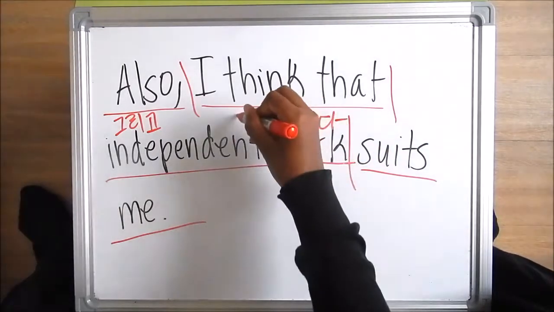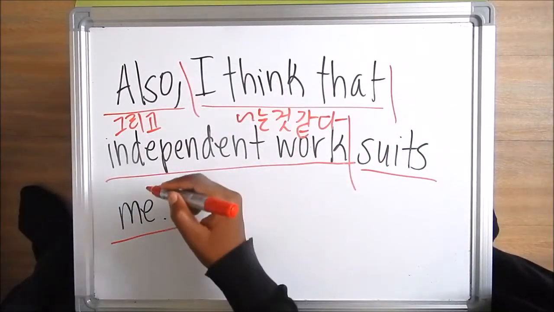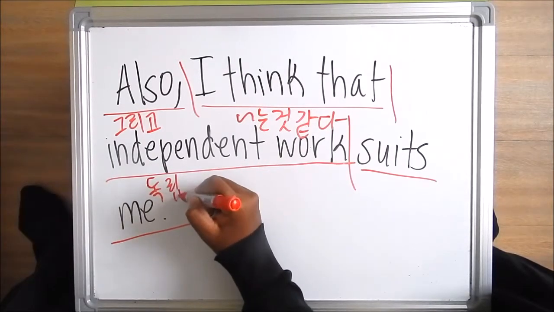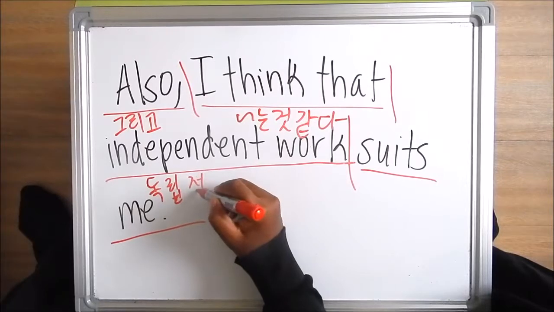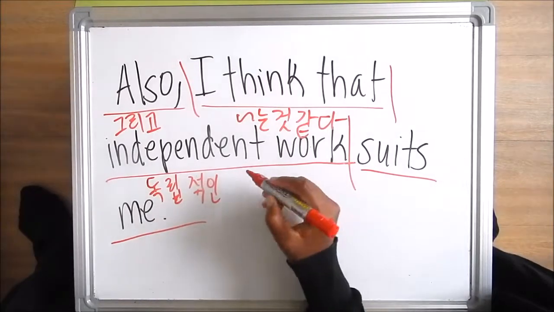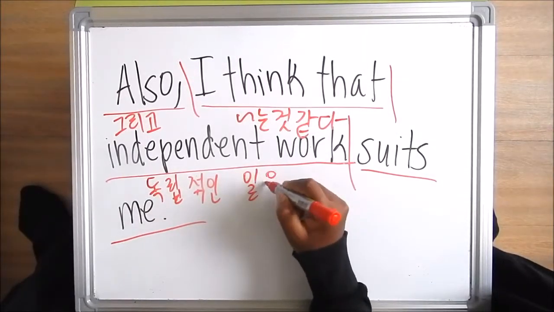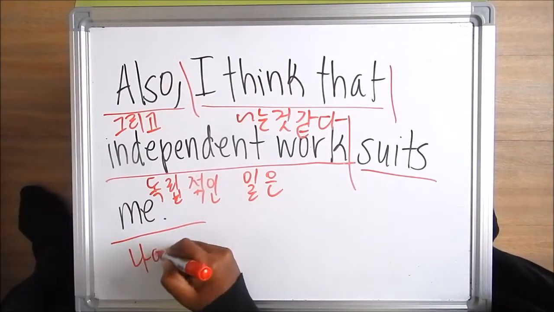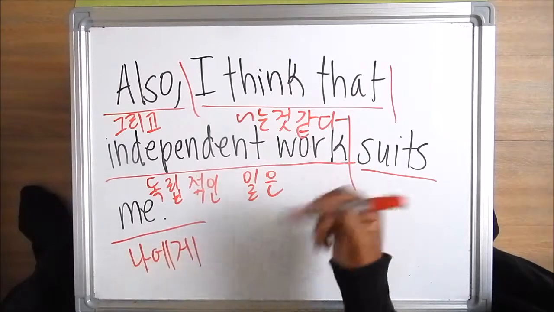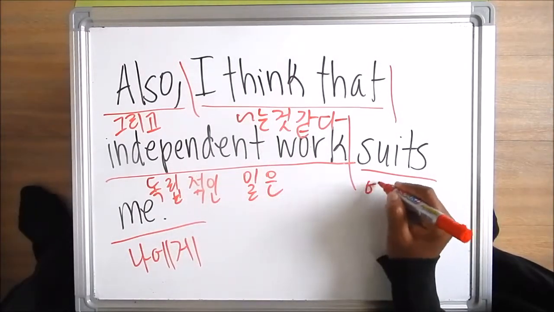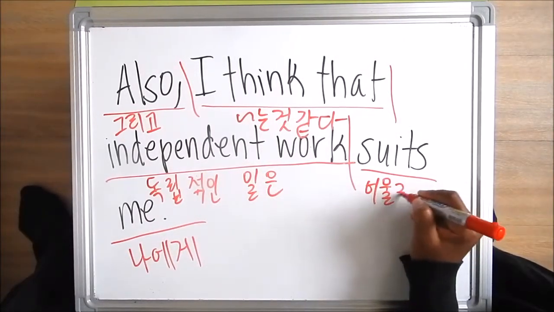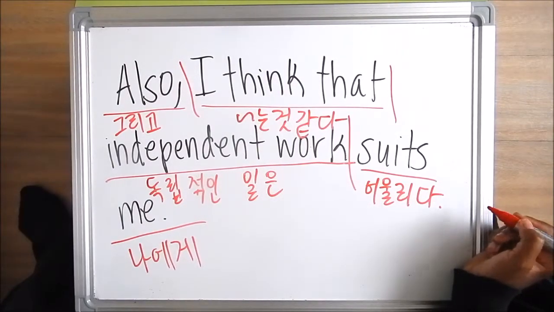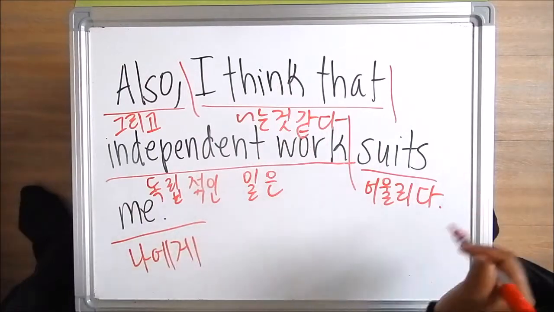I think that independent work, so independent is 독림 초긴. Work is what? 은 is the marker for the subject. Suits me. So me becomes 나에게. So to me or for me, it suits me. So to suit is 어울리다. To suit or go well with. Like an outfit can suit you. So also, I think that independent work suits me.